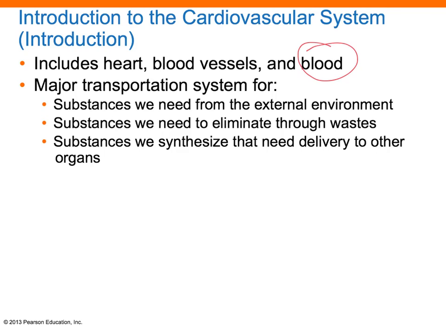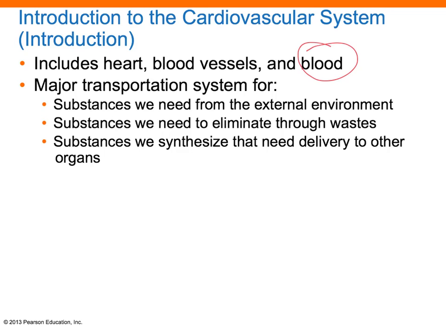So the body has to be in constant communication with the internal and external environment. All parts of the body are linked by the cardiovascular system. The cardiovascular system is basically the transportation system for substances that we need from that external environment.